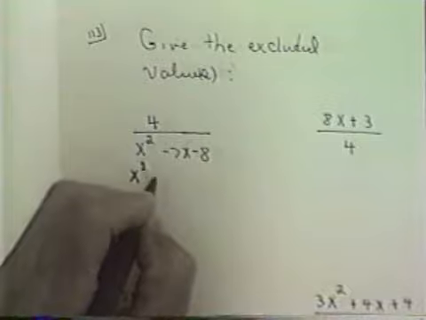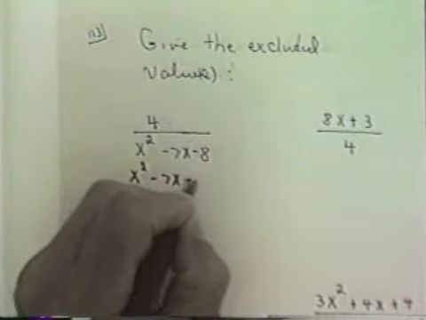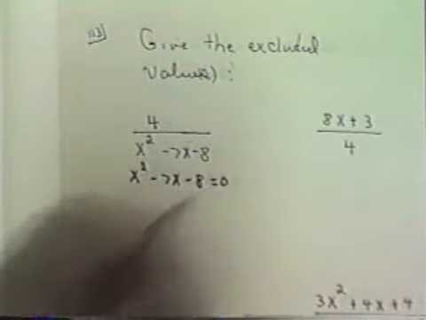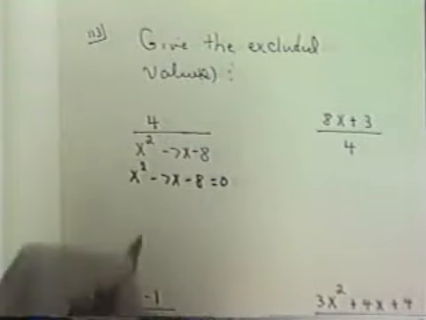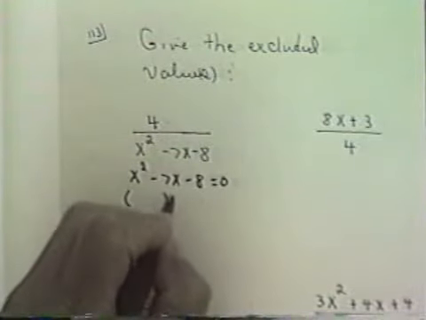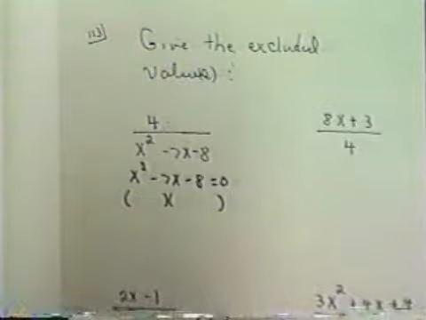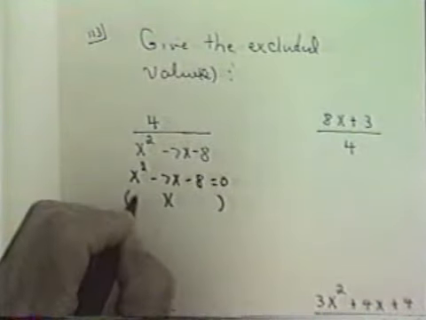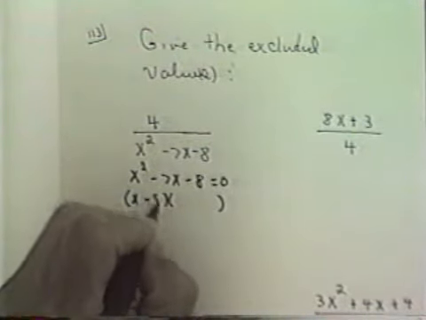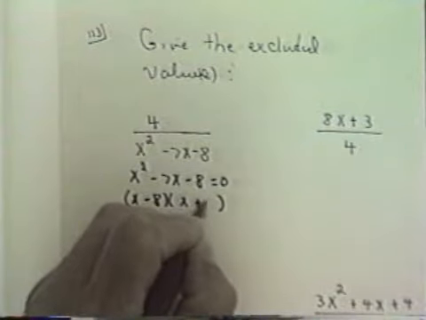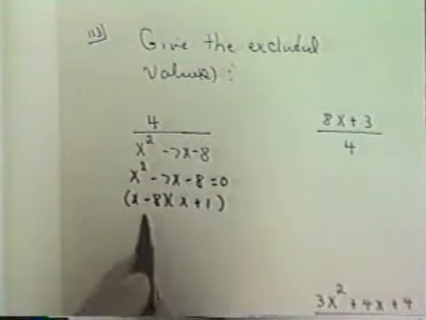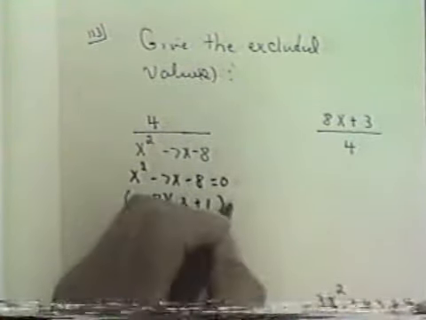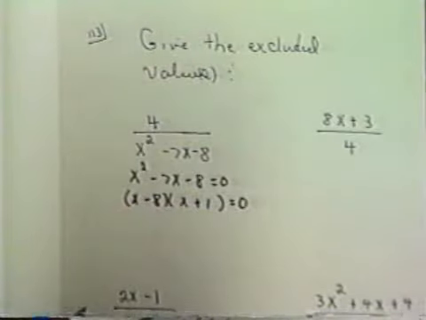So we say x squared minus 7x minus 8 equals 0. To solve this particular equation, I need to use factoring, and I can factor it as x minus 8 times x plus 1. So I have x minus 8 times x plus 1 is equal to 0.